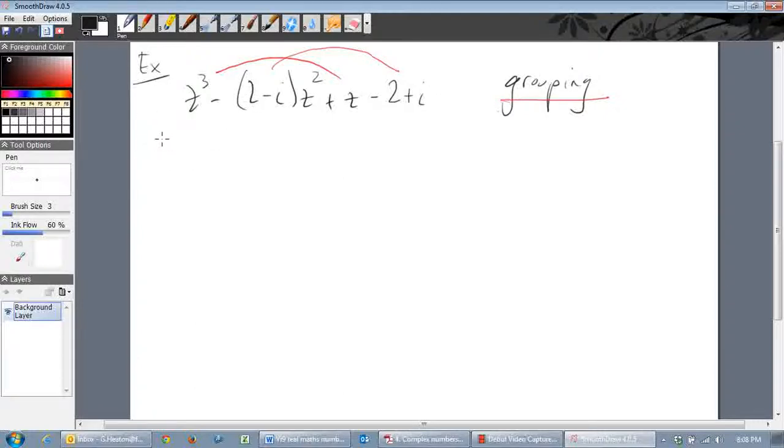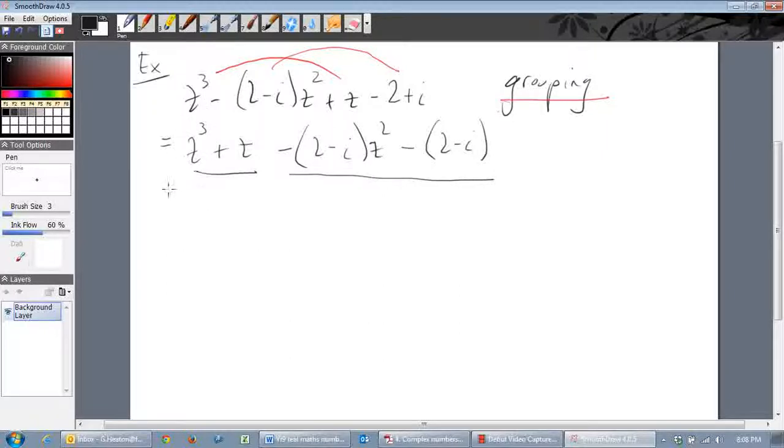So what I'm going to do is group this. I'll just rewrite it so you can see, z cubed plus z. I'm going to group those together, and then I'm going to take negative 2 minus I z squared, and I'm just going to write this in the same way that they've written it, minus 2 minus I. And now can you see our groupings there?